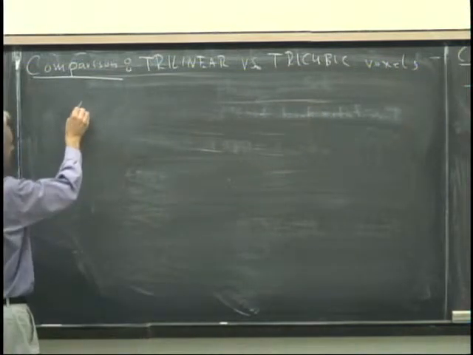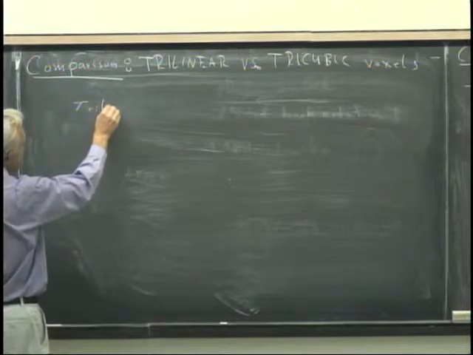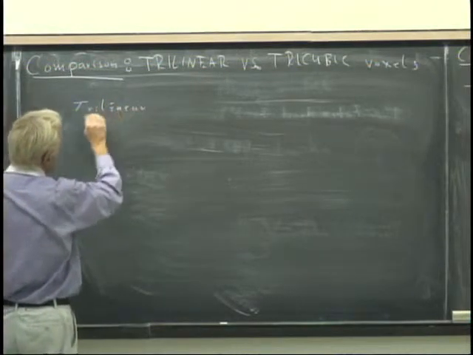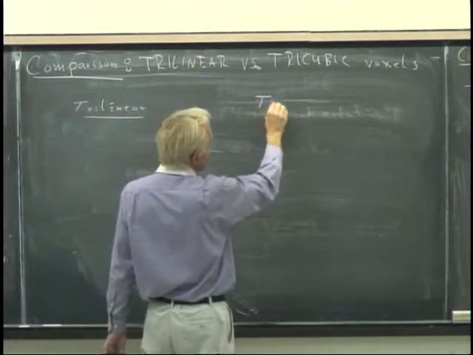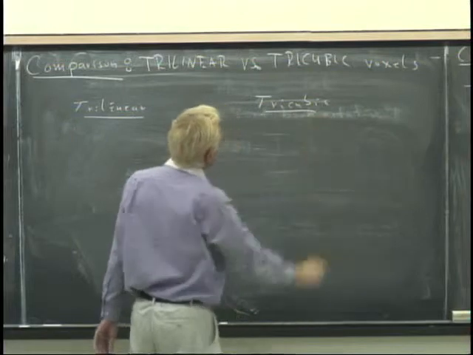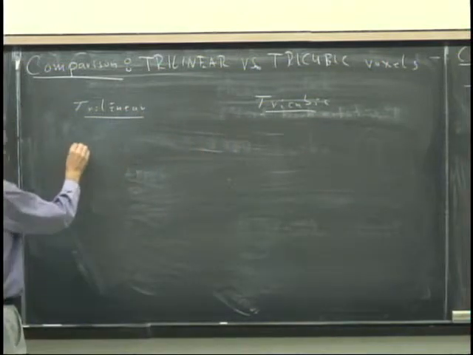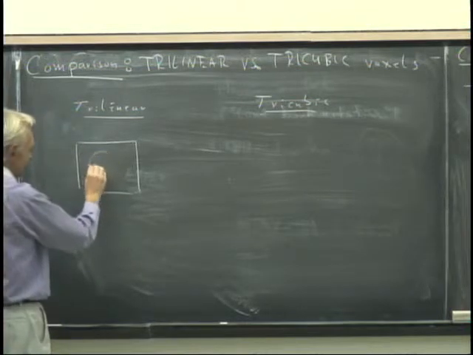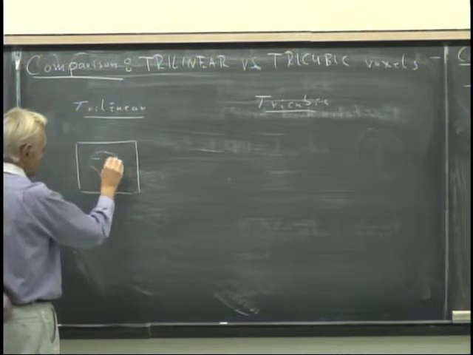Well, you do one pass, trilinear, and you get a picture. For the tricubic case, where you wait much longer, you get, in your pixel plane, your image plane, your happy smiley face.